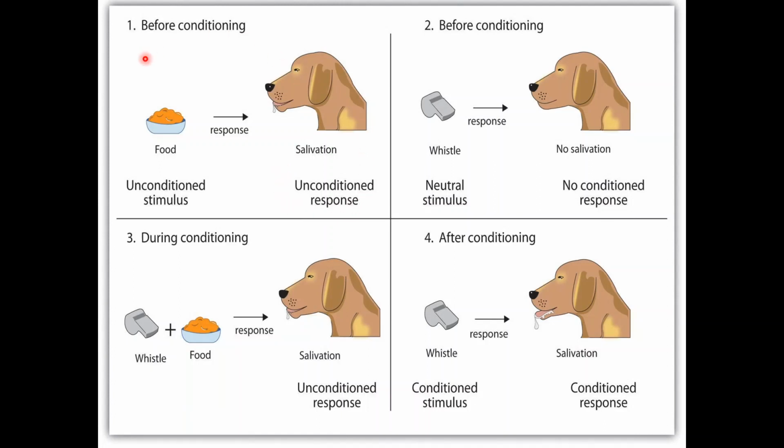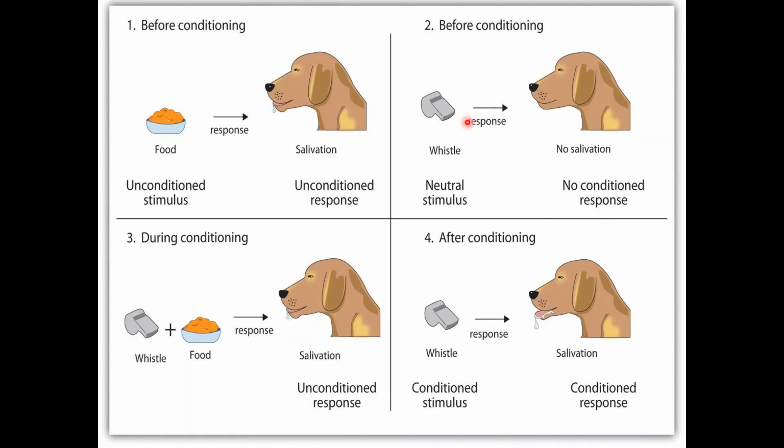In the example of Pavlov's dog, food is the unconditioned stimulus, and it causes salivation, which is the unconditioned response. No learning had to occur for this to happen, because we innately or naturally, without having to be taught, salivate when we taste food.